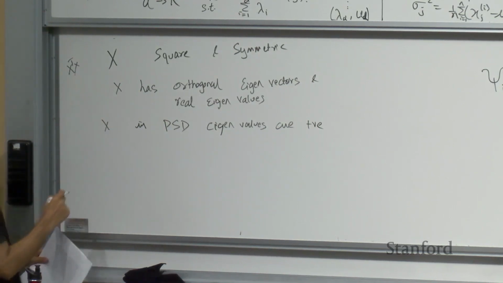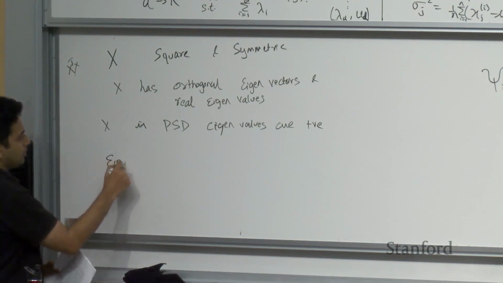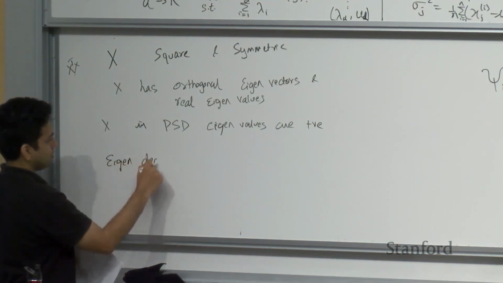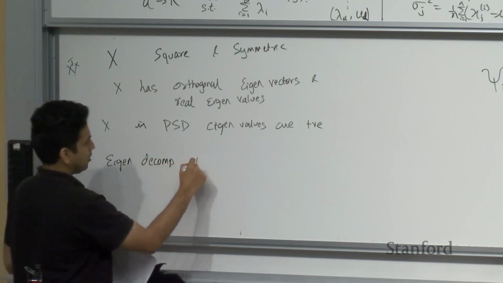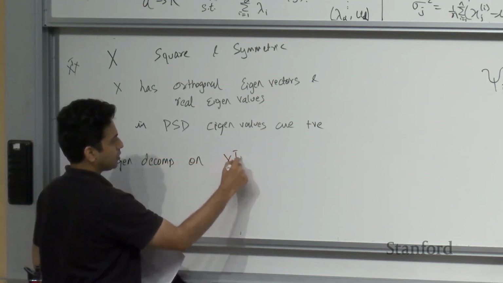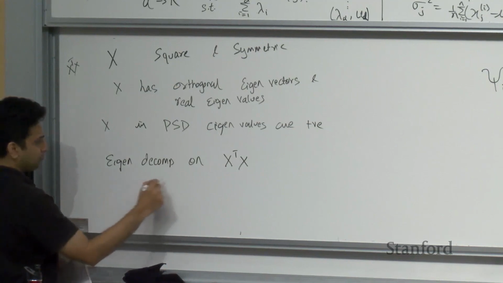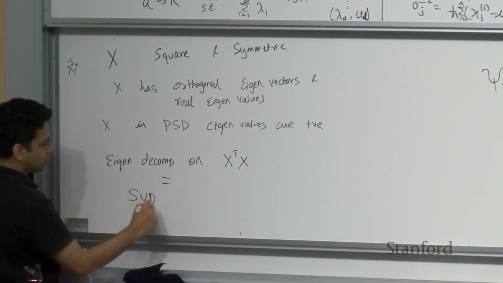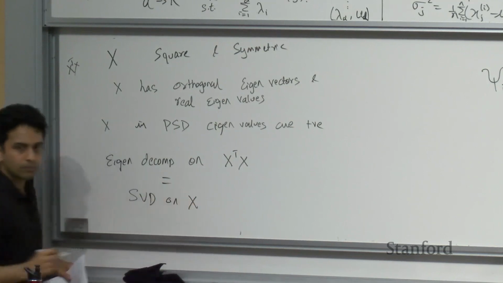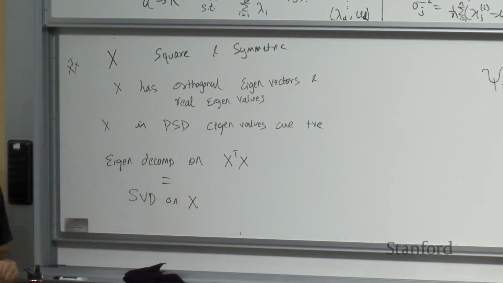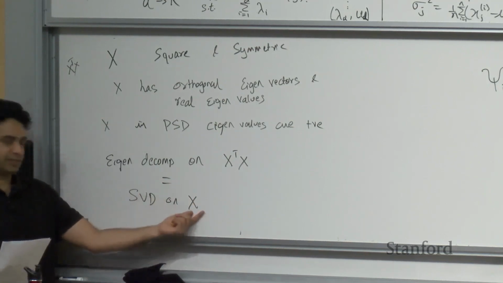Now, performing eigen decomposition on X transpose X is the same as performing singular value decomposition on X. Right? The way you go about doing singular value decomposition on any matrix X.